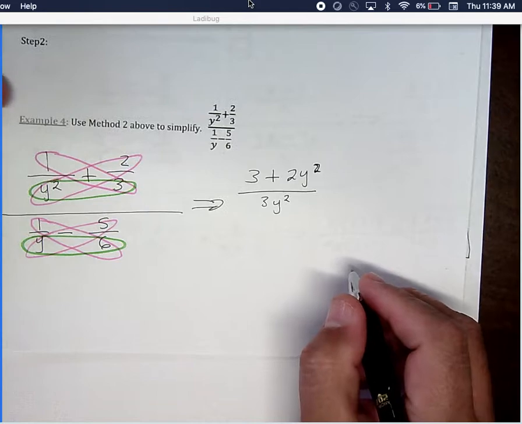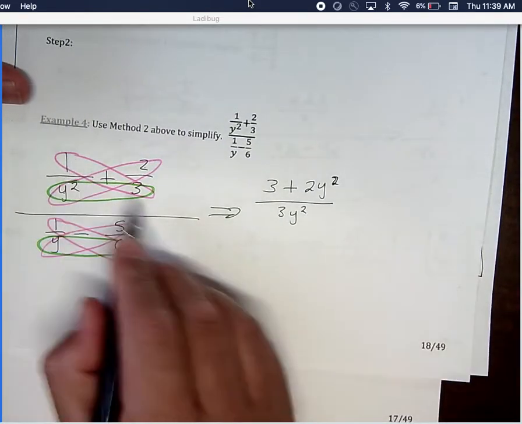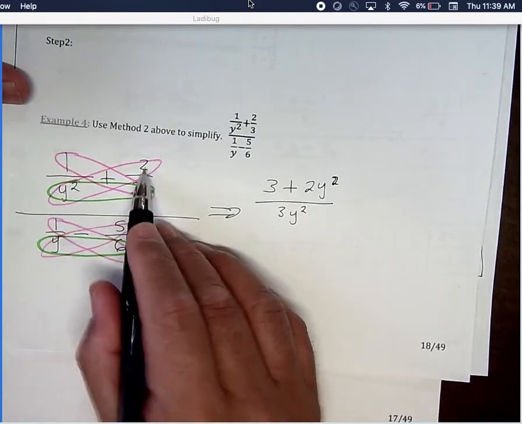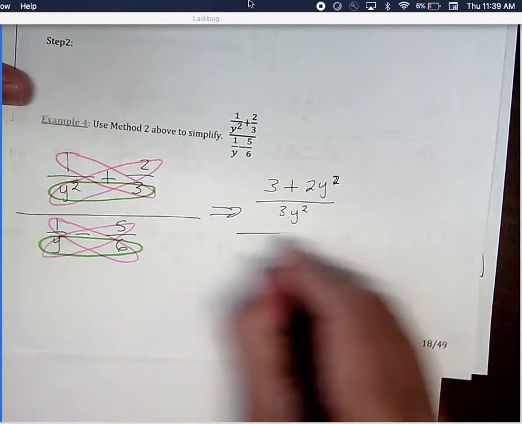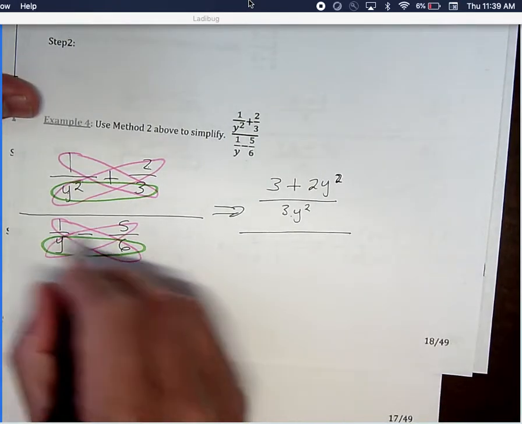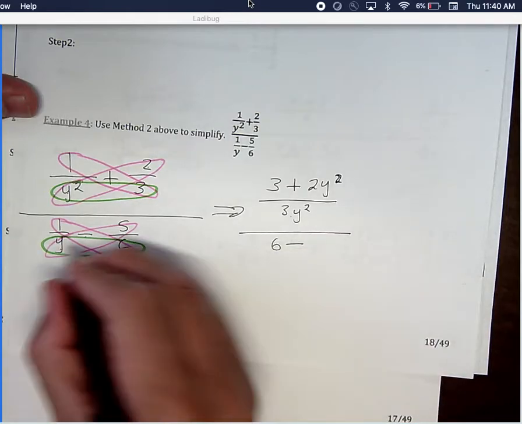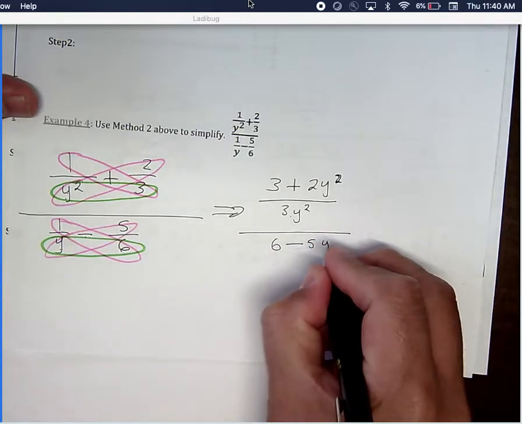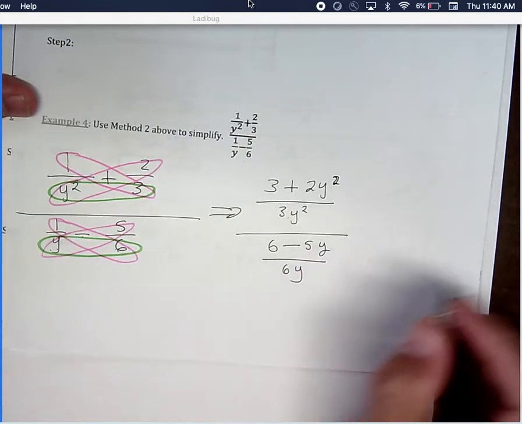Sorry guys. So 1 times 3 is 3, y squared times 2 is this, and then y squared times 3 is this, and then division, and then this one. 6 times 1 would be 6, minus y times 5 is 5y, over y times 6 is 6y.